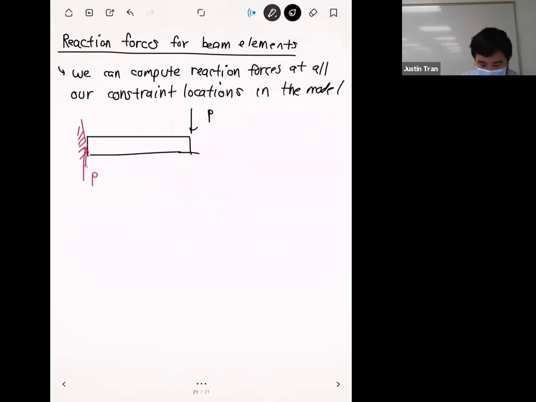Okay? And so the way that we compute these is exactly the same way as from trusses, from our truss unit.